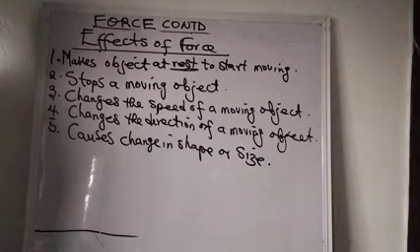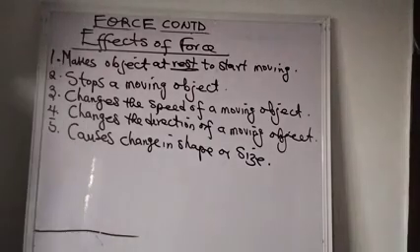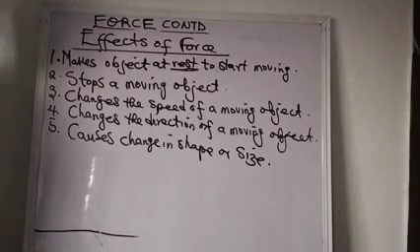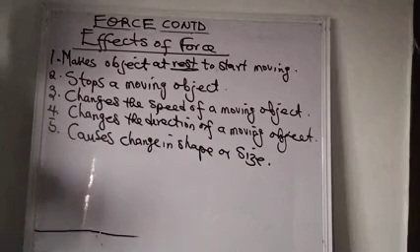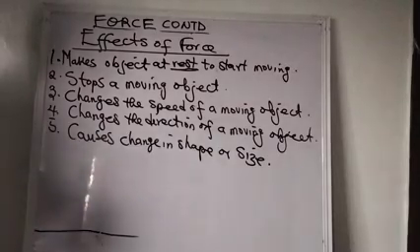The ball was rolling on the ground, and you just stepped on the ball. Immediately the ball stops. That ball is a moving object. Now you have stopped it with a force that you put on the ball with your leg. Okay? So that is force stopping an object that is already moving.